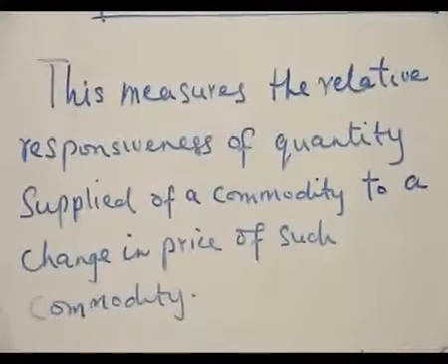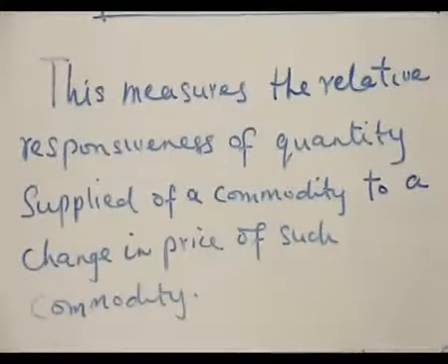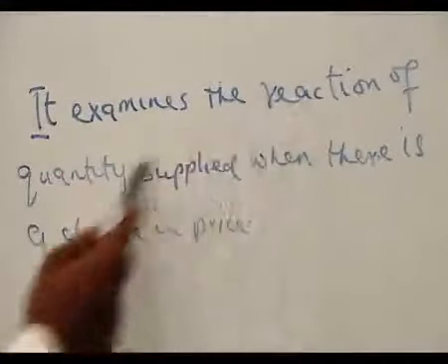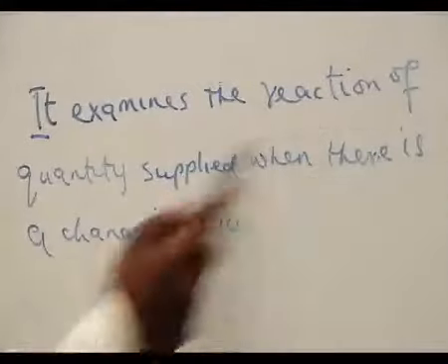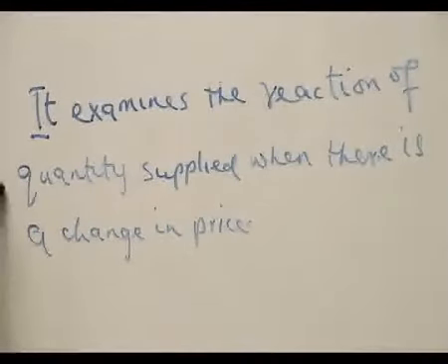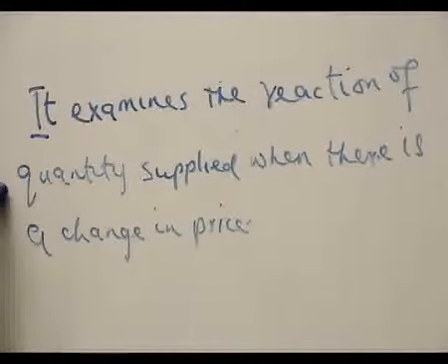We understand that producers would like to know the price elasticity of supply in order to know the elasticity of their product. So price elasticity of supply lets us understand that if there is a change in price, what is going to be the quantity supply of such commodity?